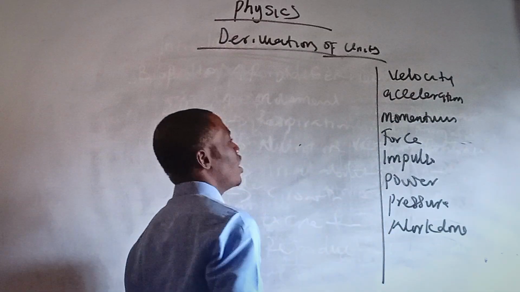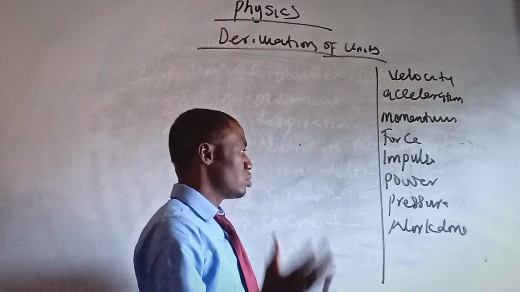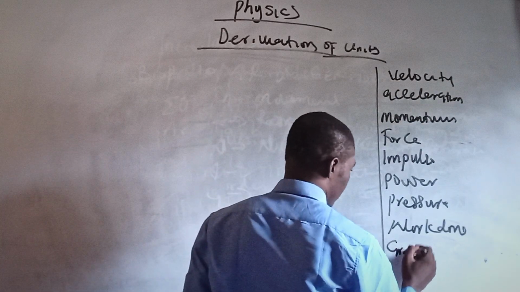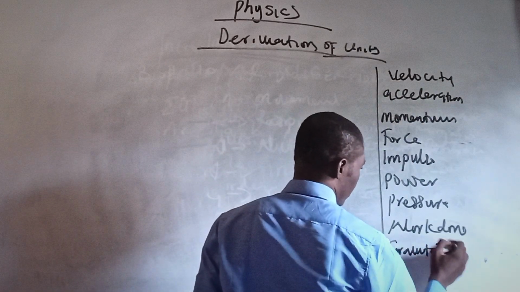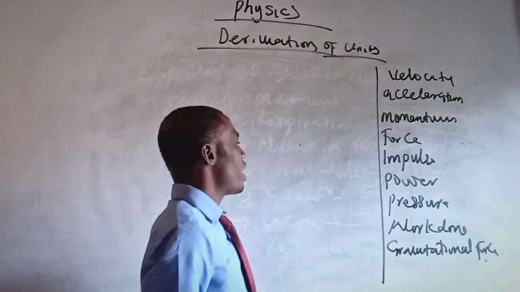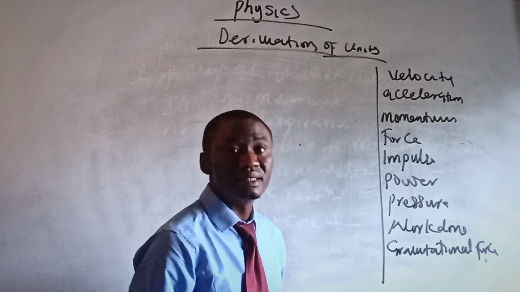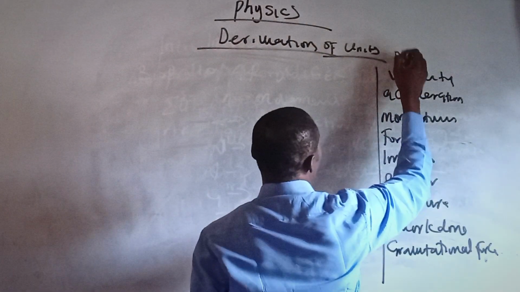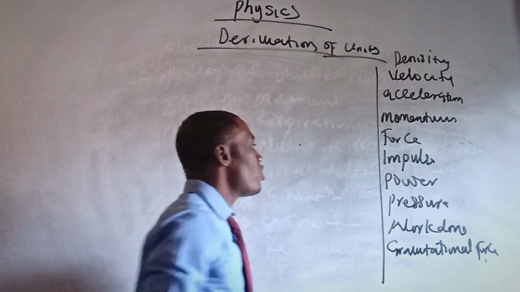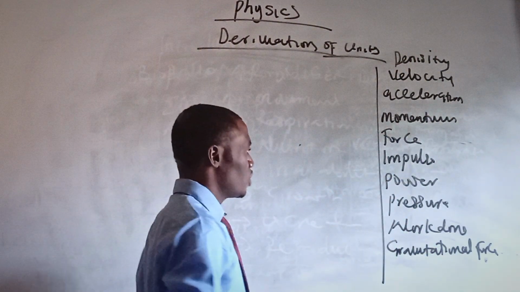And then we have gravitational force. We have density. Let's put that one up there. If you remember any of those, we'll add to the list. Let's just continue for now.